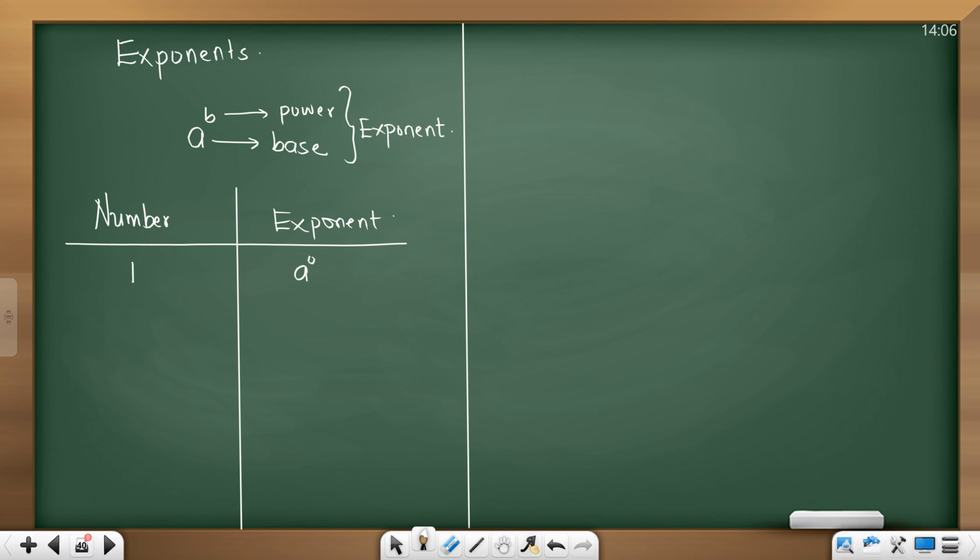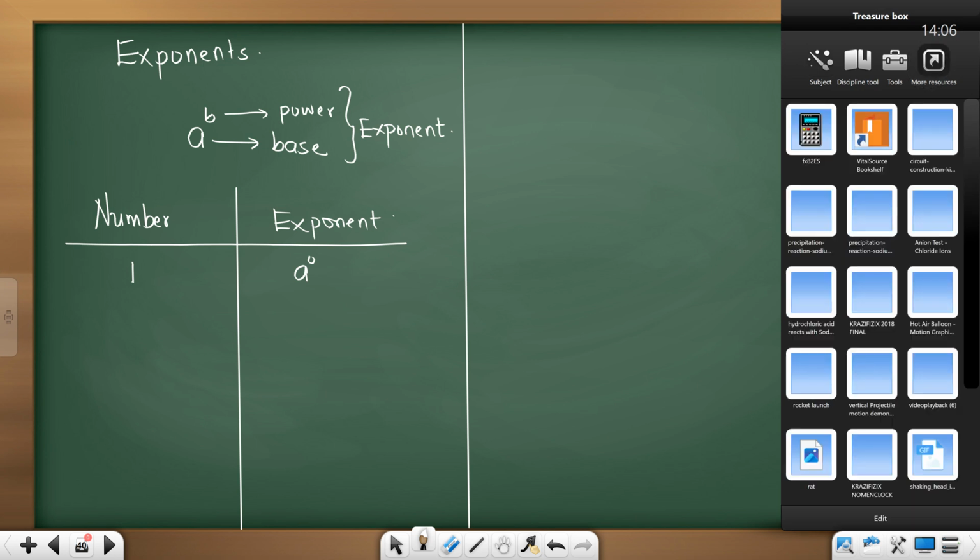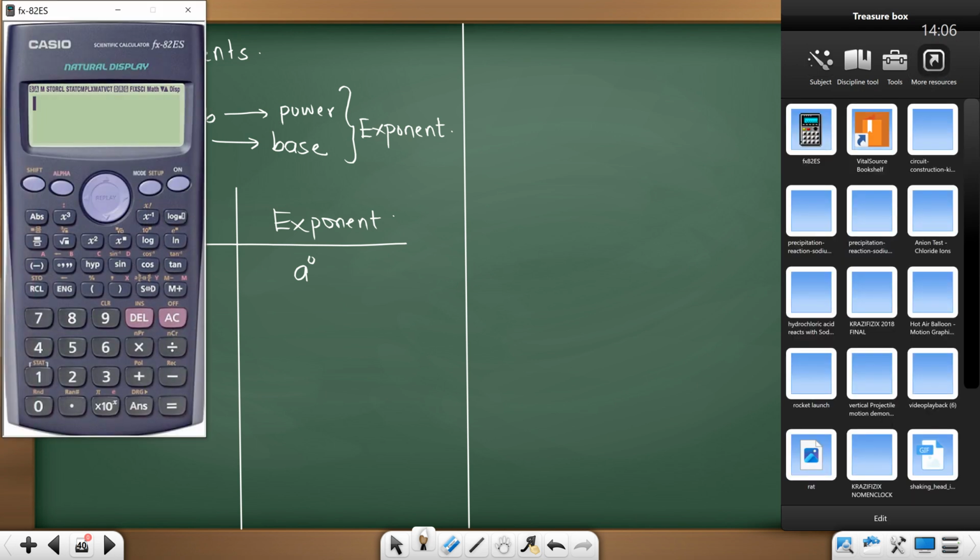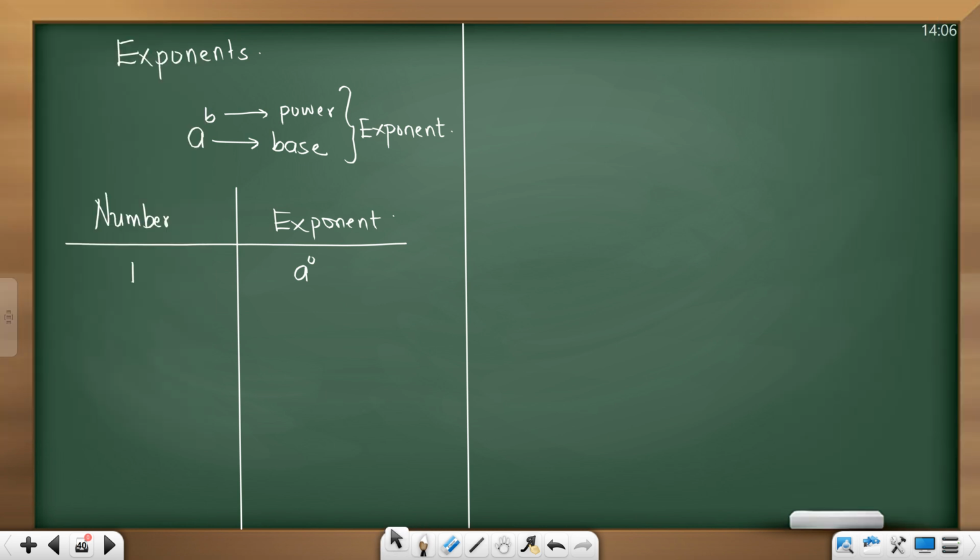Let me show you. I know we are not using calculators, but if I get a calculator and say 5 to the power of 0, check your answer, 1. So any number to the power of 0, check, 900 to the power of 0, 1. Any number to the power of 0 will give us 1. So let's take note of that.